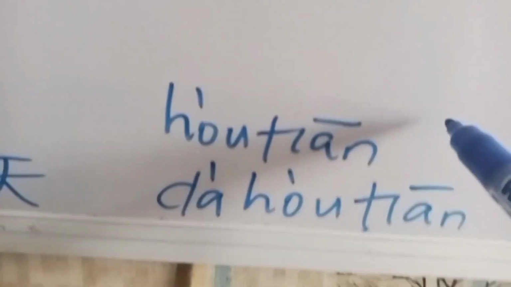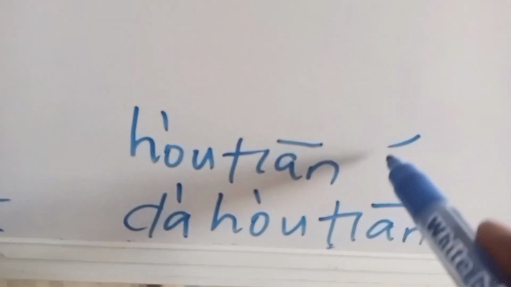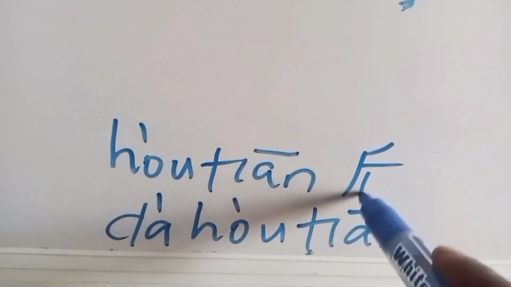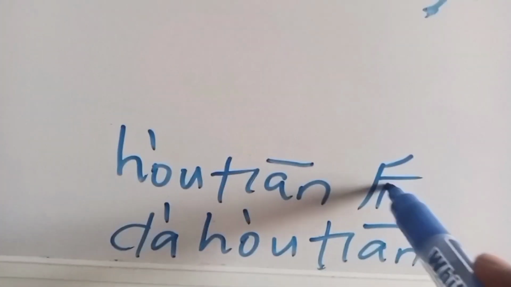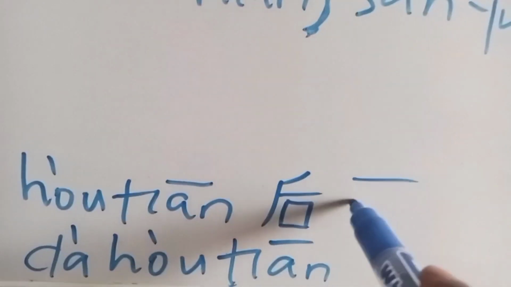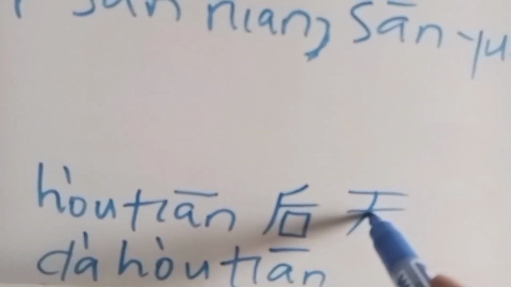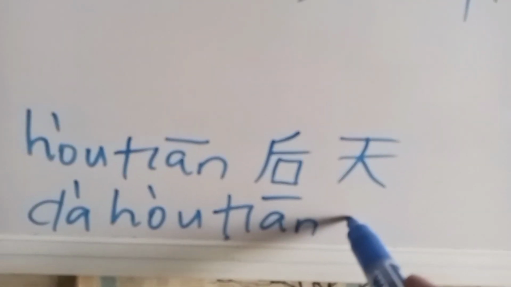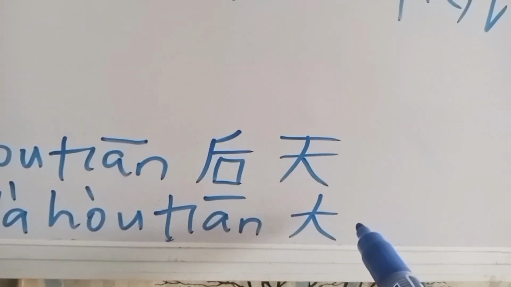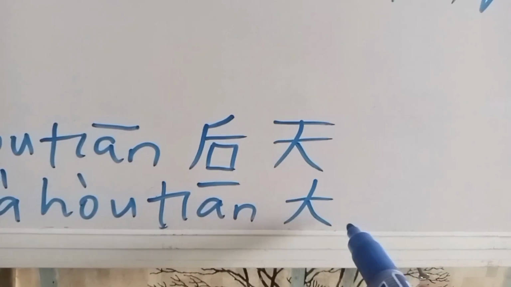后天. This is how to do 后. Are you looking at me? I am actually slow enough. 后天. 大后天. You remember da from 大学生 when you said I am a university student. 我是大学生.